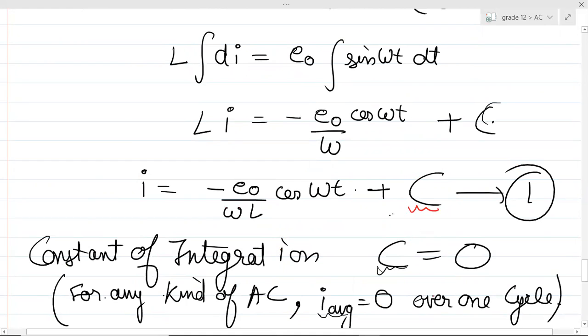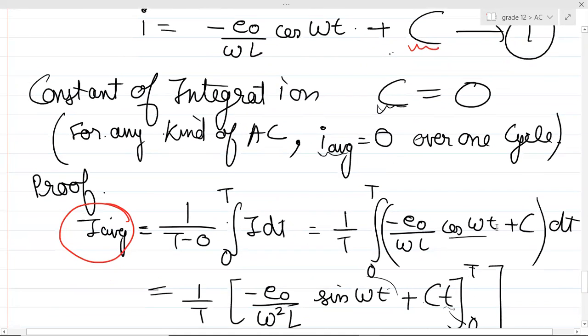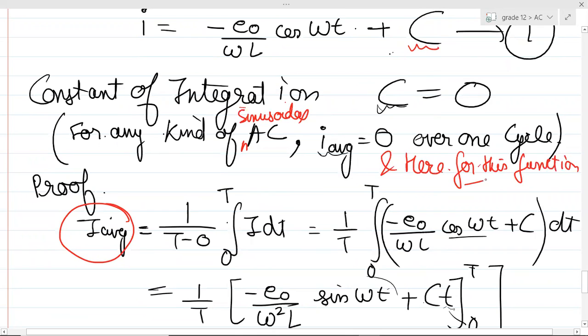In your school derivation, you need to write this particular thing. For any kind of sinusoidal AC, I average is 0 for one cycle, and here for this function, C is equal to I average.